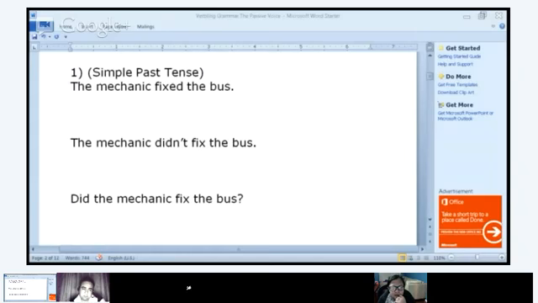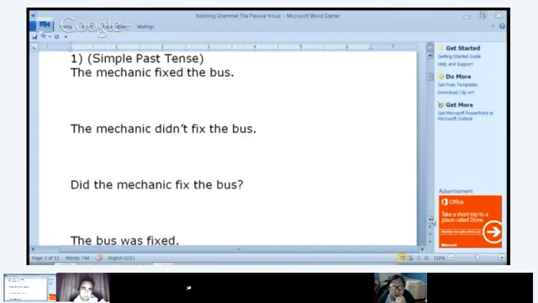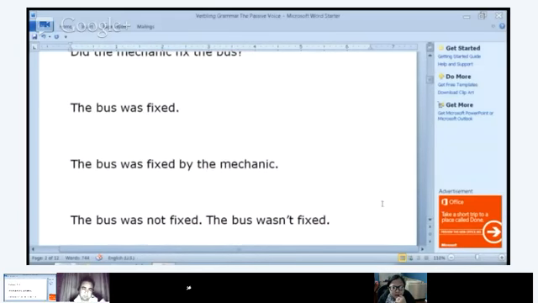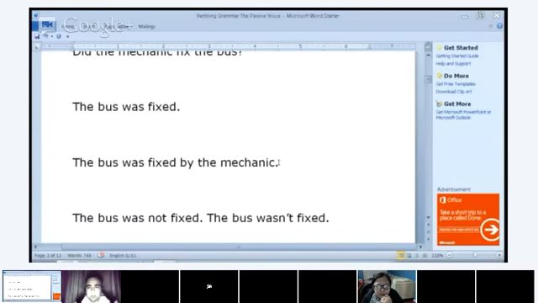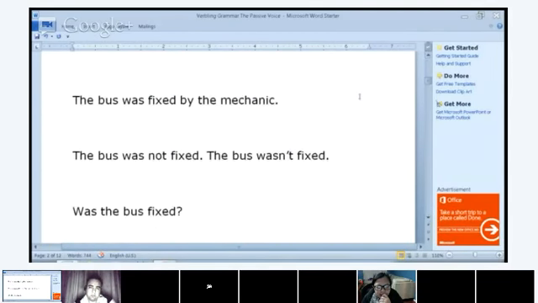It's regular. And so, great. This is the idea. So the bus was fixed. The bus was fixed by the mechanic. If you still want to add on the doer or actor. The bus was not fixed, the bus wasn't fixed, and was the bus fixed?